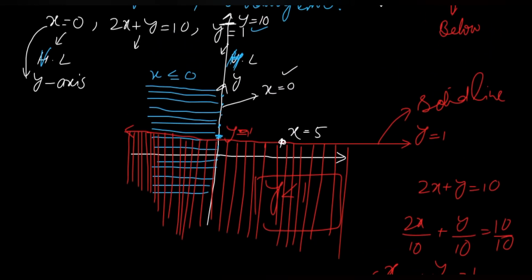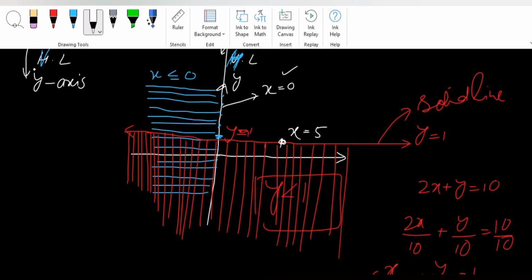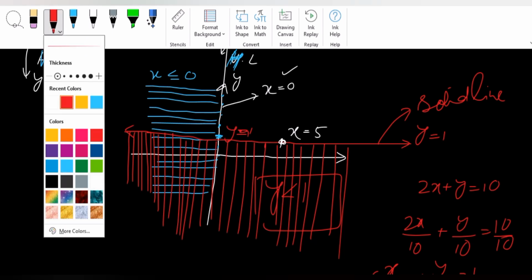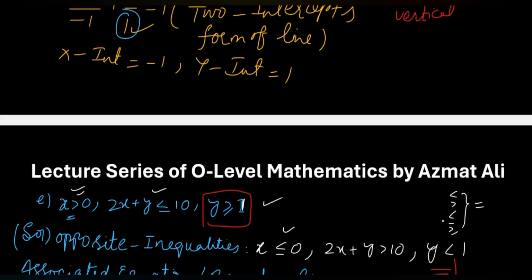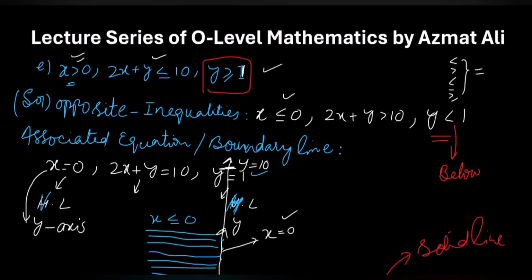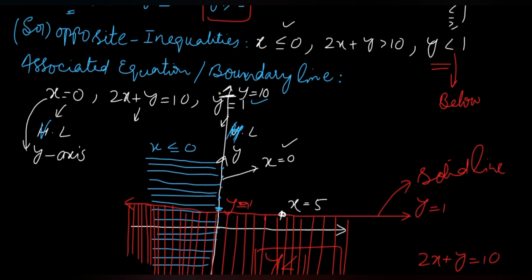Now we join these two intercepts. By joining these two intercepts, we have the graph of the line. This green line represents the graph of the line 2x plus y is equal to 10.